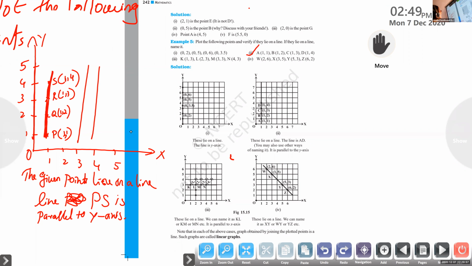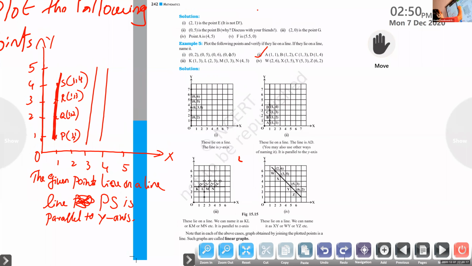What is the x coordinate of all those points? A, B, C, D. 4 points we plotted on a graph paper and we got all the points on y-axis. I'm asking, what are the x coordinates of all those points?